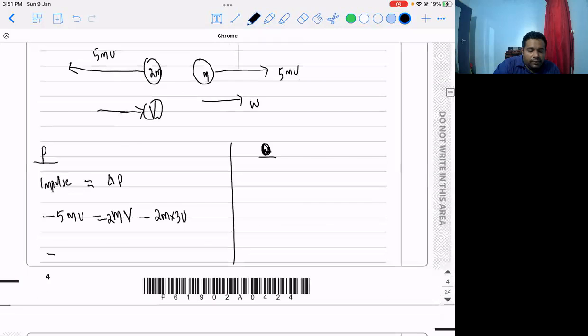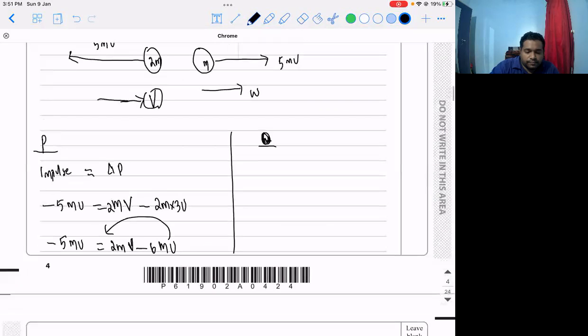Now, minus 5MU is equal to 2MV minus 6MU. I mean, it is minus, my bad. And if you're bringing this to the side, what happens?